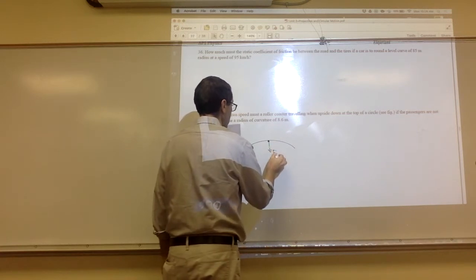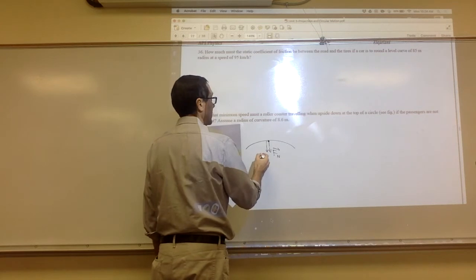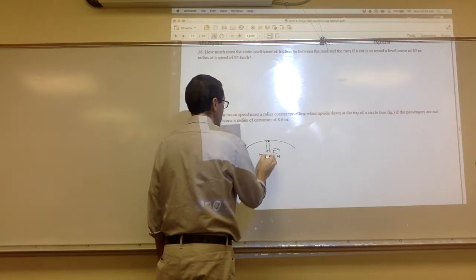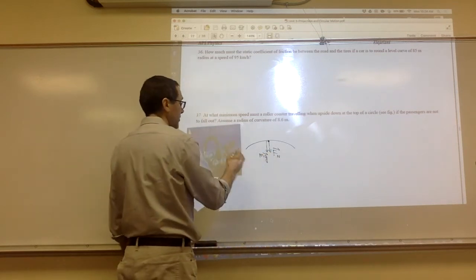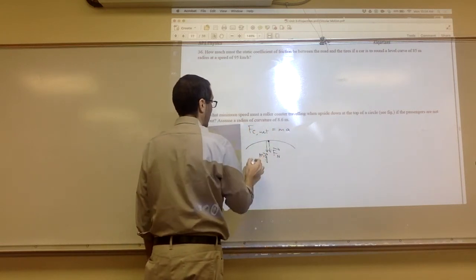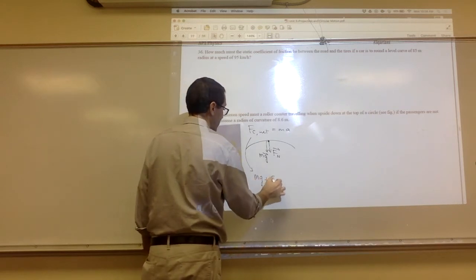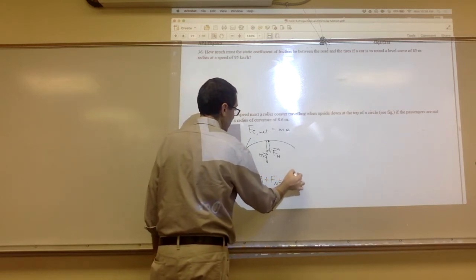So here you have the normal force, the track pushing back on the people, and then you have your mg. Now your centripetal force equals ma. That must be equal to mg plus the normal force equals mv squared over r.